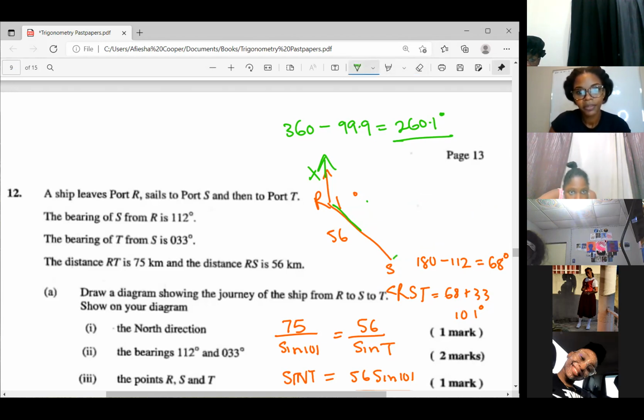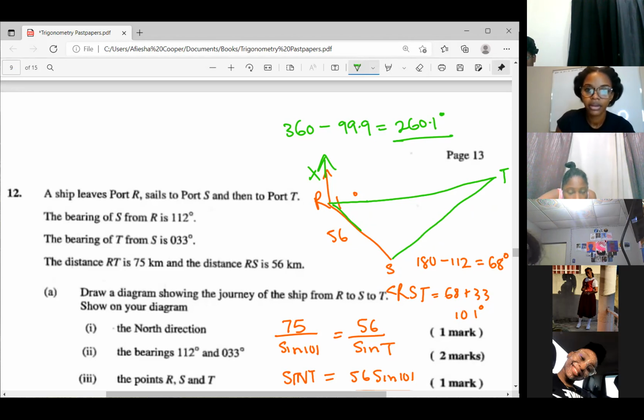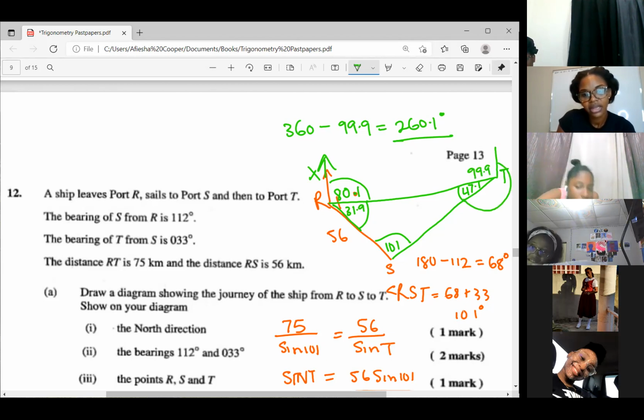So we're going up, up, up, T. Here is 101. Here is 47.1. Here is 31.9. Here is 80.1. Here is 99.9.